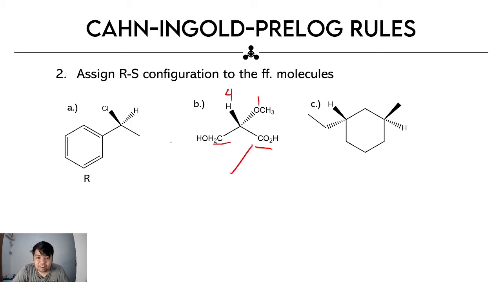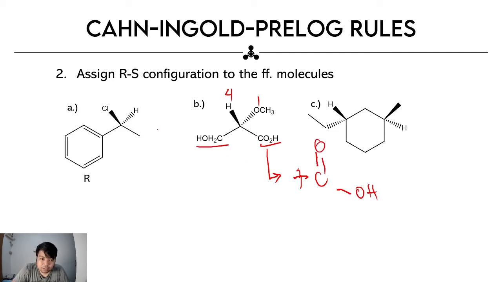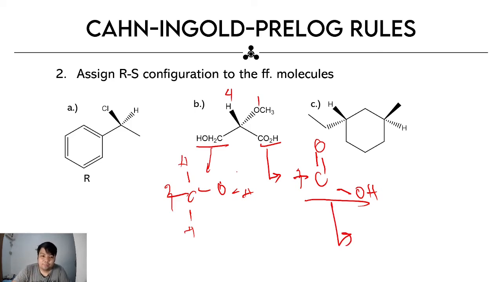In this case, since they are both attached to carbon, we need to look at the next point of attachment. So we expand this substituent here to their respective Lewis structure. This substituent here is actually a C double bond O, OH group, so it would look like this. And this will be C. Now since there is a double bond here, we deconstruct this again.